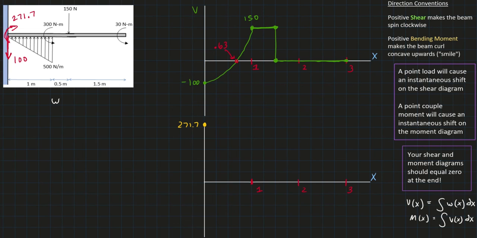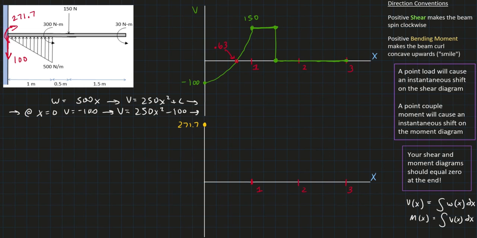Remember, my W is 500x. So if I integrate that to get my V, it's 250x squared plus c. We can figure out that c because we know that at x equal to 0, the V is a negative 100, this guy. And that means the shear equation is going to be this.